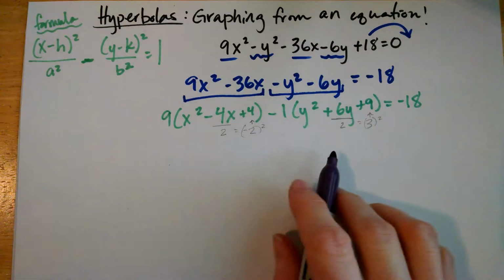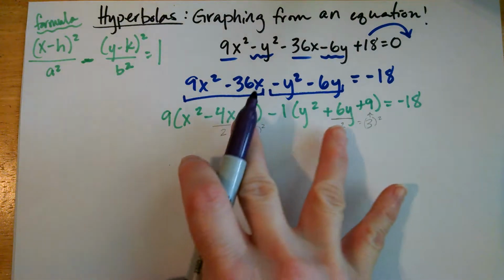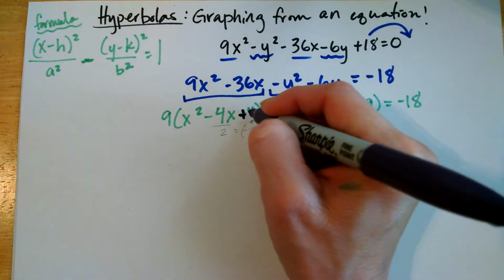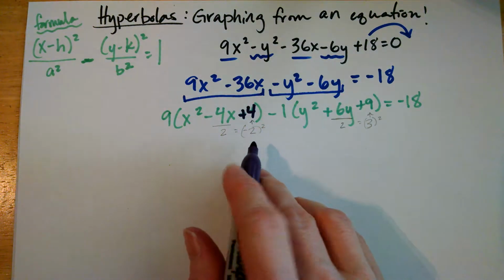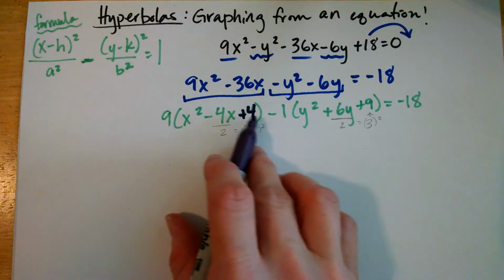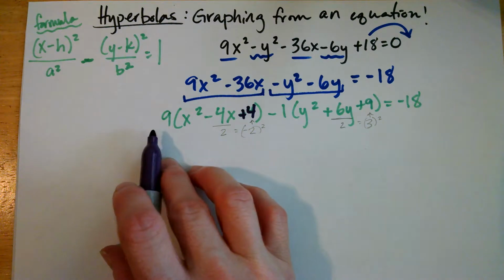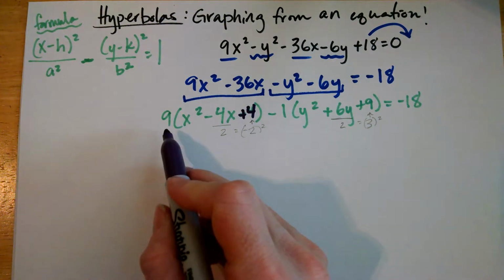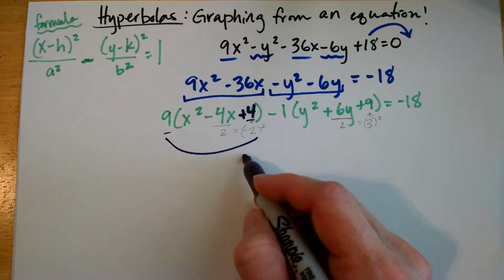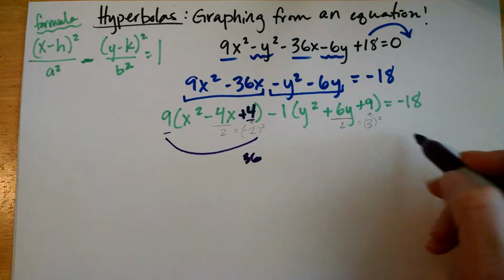Now this is the one step that usually trips up a lot of students. What we need to do now is, whatever we added over here, we need to add on this side. So we added a 4 when we completed the square here. We didn't add just a 4, we added a 9 times 4 because that's within the parentheses and 9 is multiplied on the outside. So 9 times 4 is 36, and I'm going to add that to the other side.